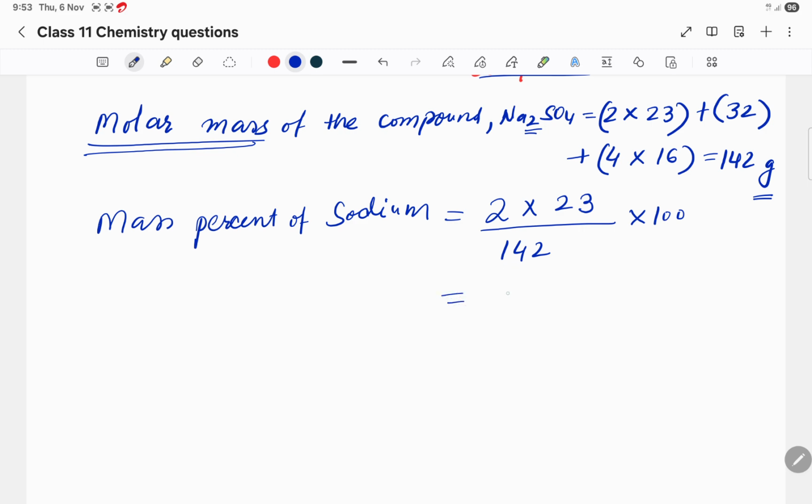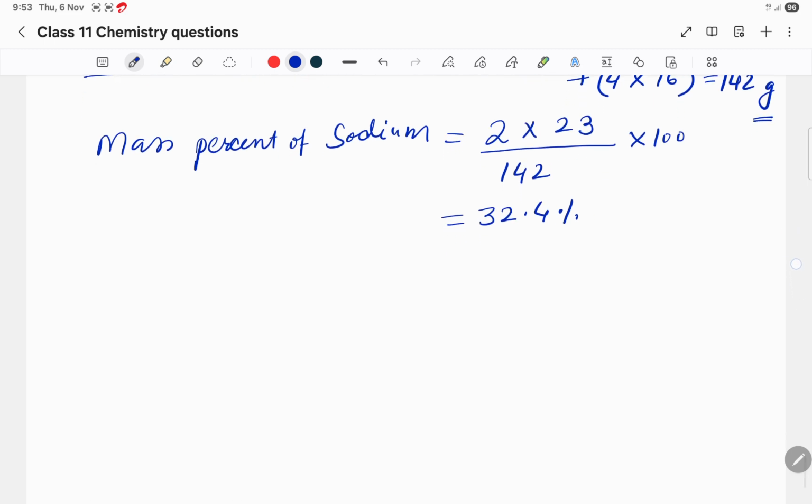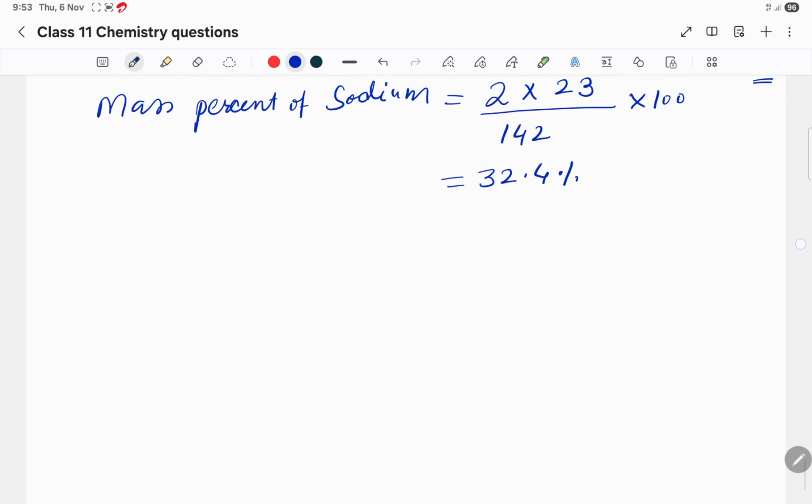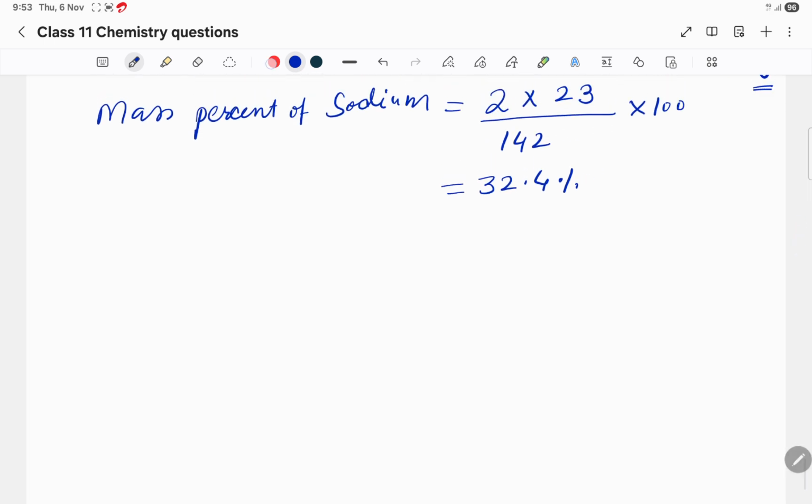So it becomes approximately 32.4%. You can calculate it. It is around 32.4%. This is the mass percent of sodium.